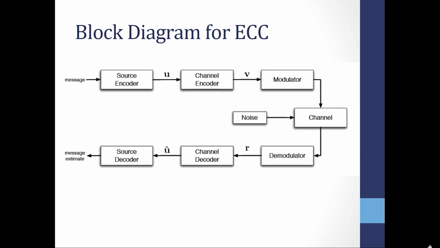Now let's have a look at the most basic block diagram that we usually use for error control coding. You have your message, which is composed of data bits, zeros and ones. After that you have the source encoder. The responsibility of the source encoder is to compress your data bits and remove redundancy in order to reduce the size of your data, so you use less memory.